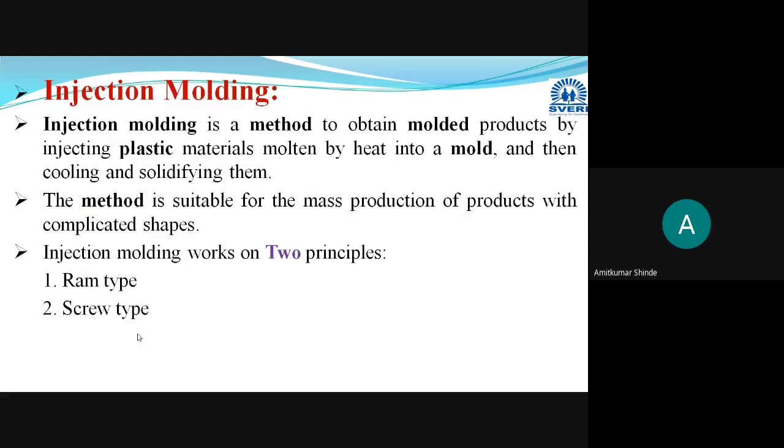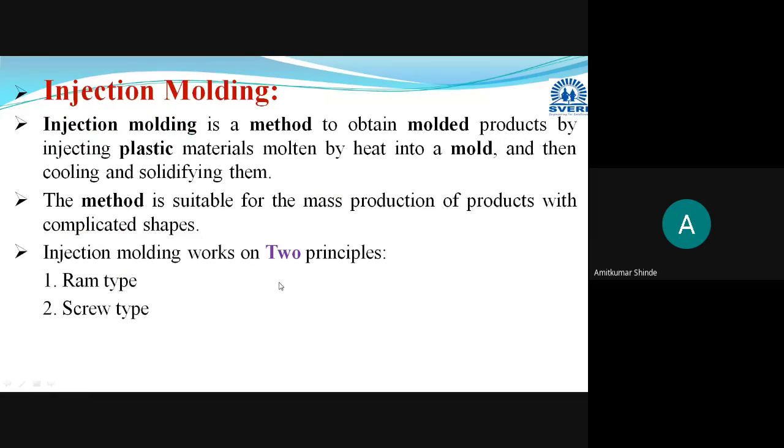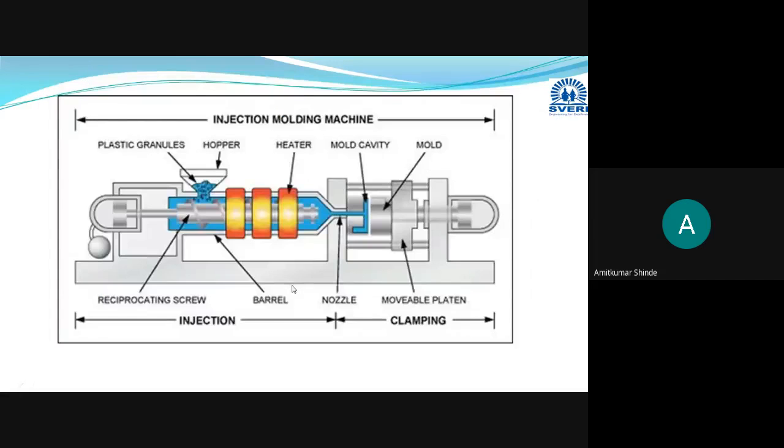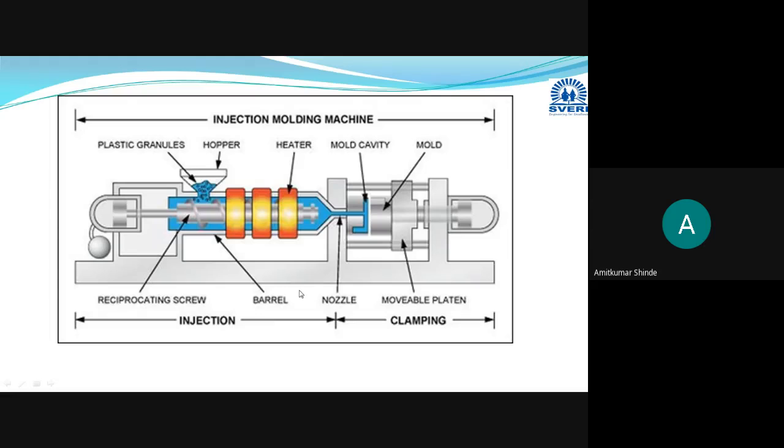In this processing of plastics, we started with the injection molding process. We learned the basic principle used in injection molding. The two basic types are ram type injection molding and screw type injection molding. Then we learned the different stages involved: clamping, injection, cooling, and ejection.